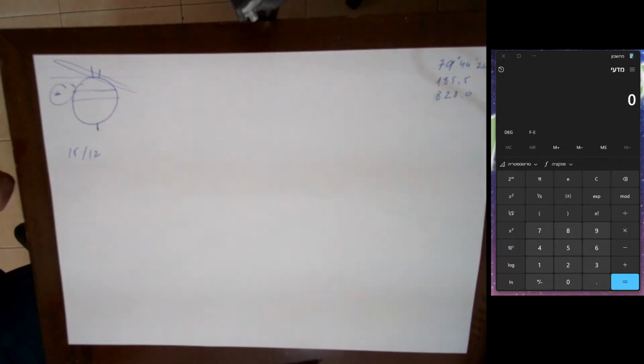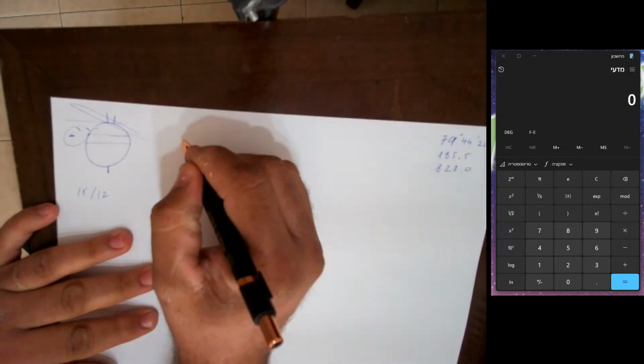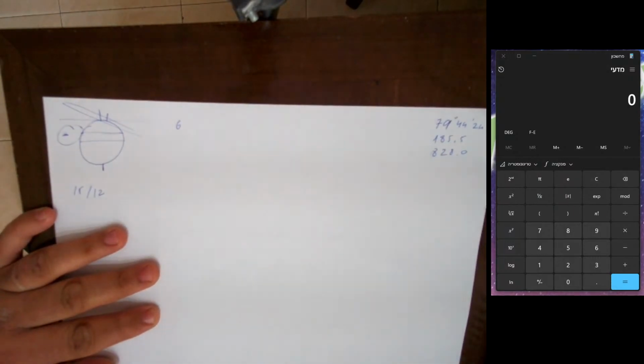The winter solstice, in case you don't know, is the 21st. 21 minus 15 is 6. So we are 6 days away from the solstice.